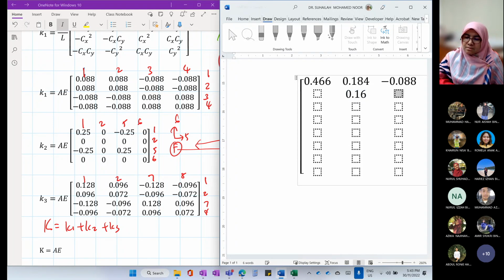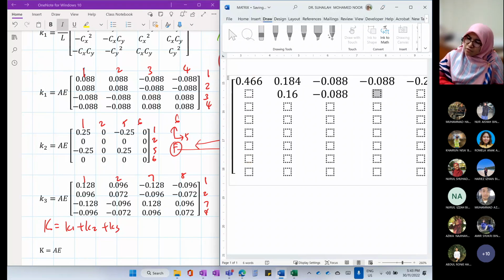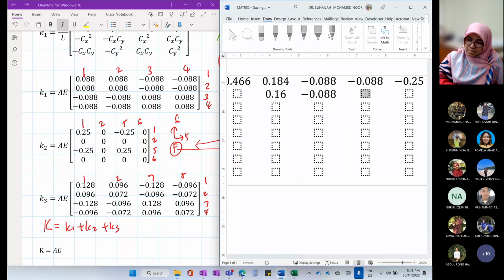Okay, move to 2,3. What is the value? Negative 0.088. Okay, 2,4, 2,5, 2,6 are 0, 0 and 0.